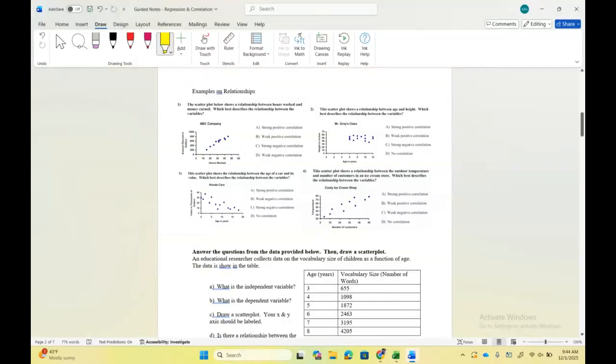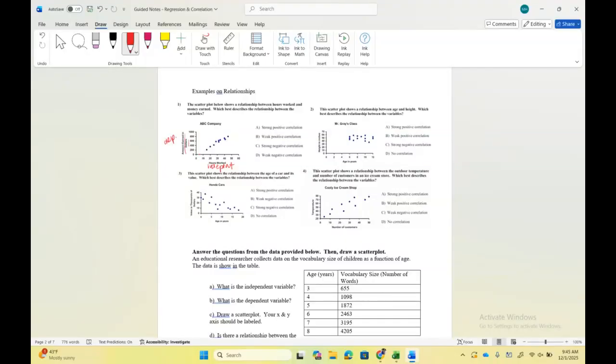All right, so we have hours worked and amount earned in dollars. So this is your independent variable, and this is the dependent variable. So the amount you earn depends on the hours you work. Okay, and that makes sense.